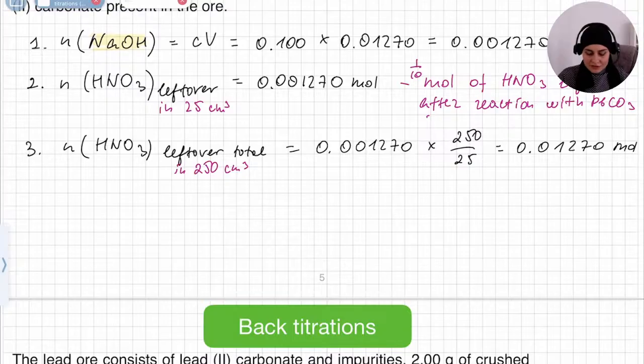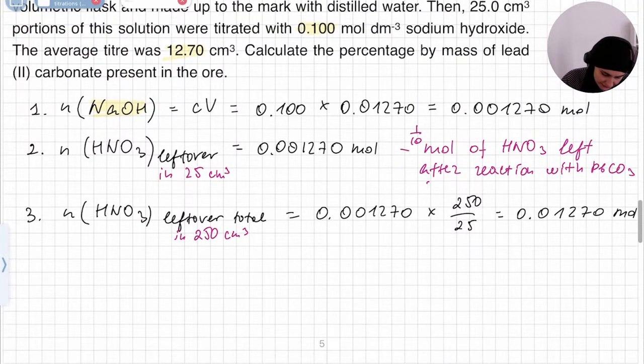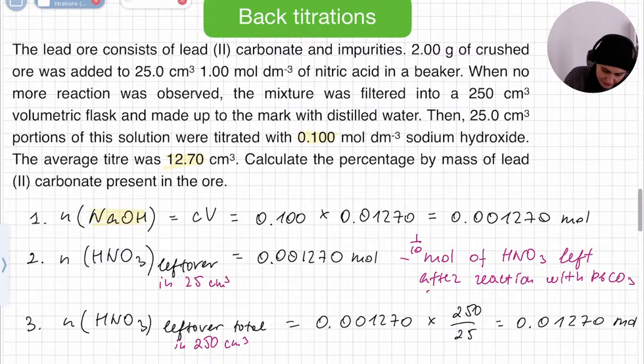Okay, so 0.0127, it's fine, right? Yeah, 0.0127. So this is how much acid was left after the reaction. And then everything else is similar to what we did last time. I find the initial number of moles of acid. I know that initially I added 25 of 1 molar nitric acid.